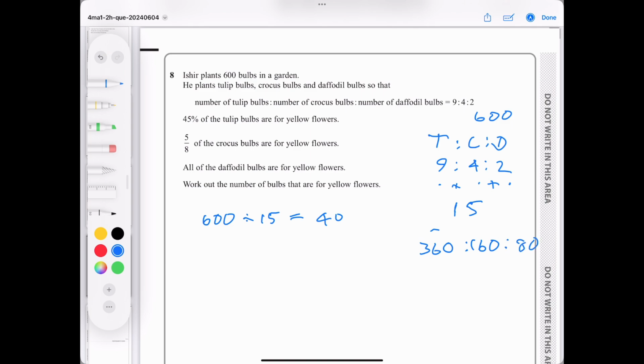And we know that 45% of the tulip bulbs are yellow. So 360 times 45%, we can make that into a multiplier by going 45 over 100, so that's 0.45. So 360 times 0.45 equals 162 of the tulips are yellow.